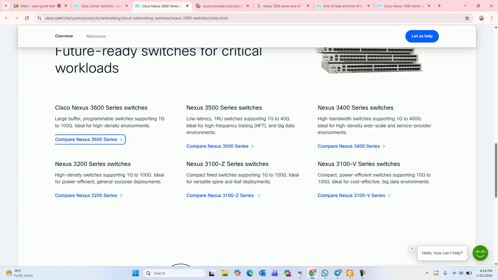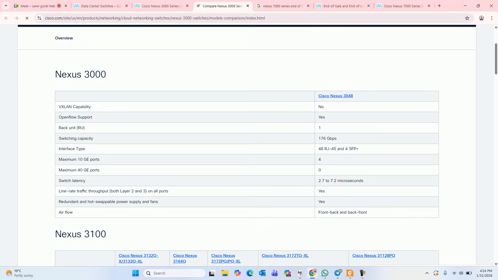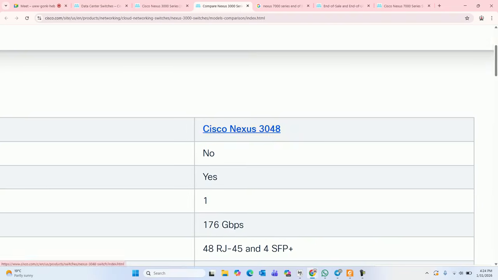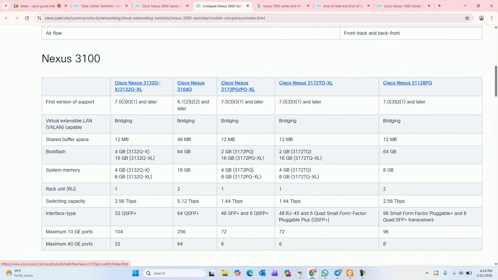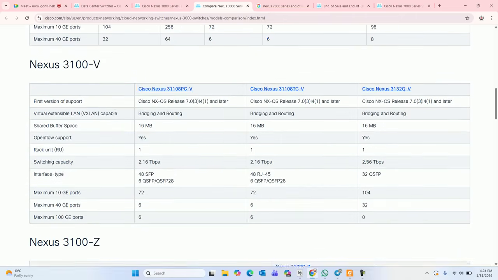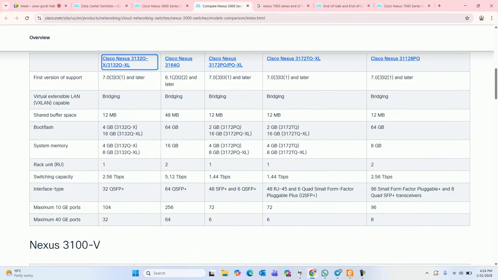So in the Nexus 3000 series, you see we have Cisco Nexus 3048. Likewise, you have Nexus 3132, 3164, 3175, 3172, and 31128. So we have a limited number of interfaces, and those interfaces cannot be changed or enhanced.